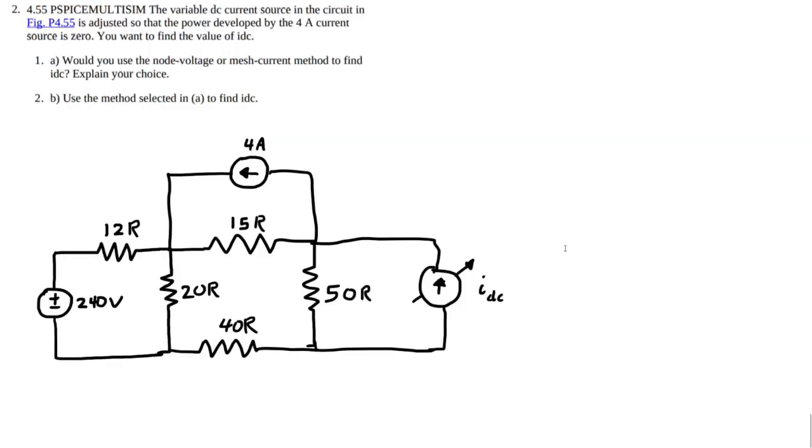Okay, so for problem 4.55, this one I think is the hardest one of this set. The task is to find out what value of IDC would make the 4 amp current source provide or deliver 0 power.